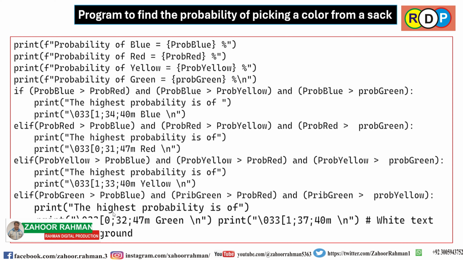If this is the condition, then it will print the highest probability is of green, with the green color. So now we are coming to the end of this program. Let us write this program on the IDE.